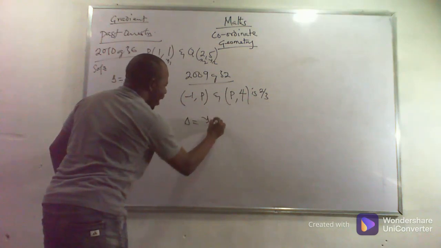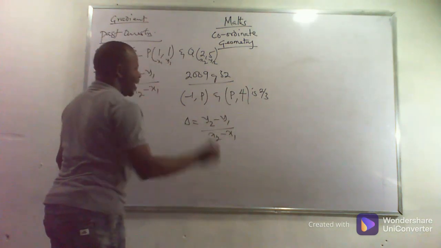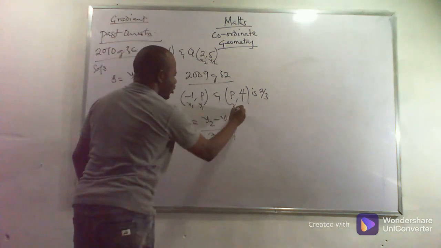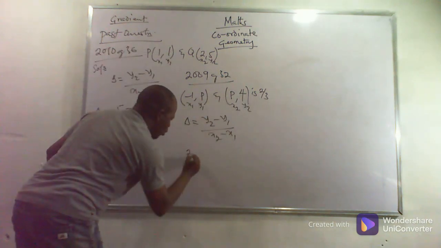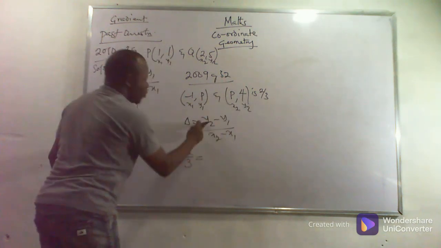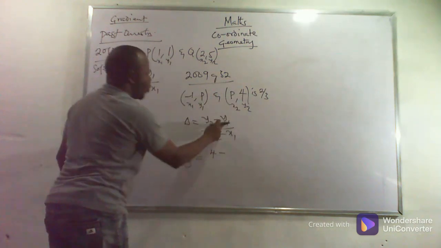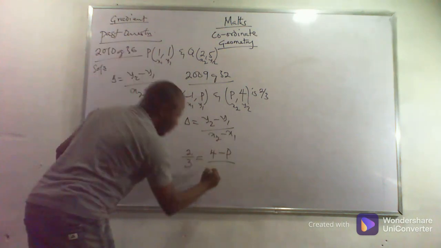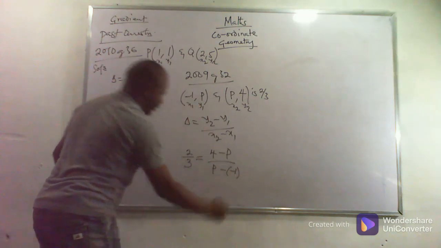Gradient is (y2 minus y1) over (x2 minus x1). Let's label the points x1, y1, x2, y2. So 2 over 3 equals y2, 4, minus y1, P, over x2, P, minus x1, minus 1.